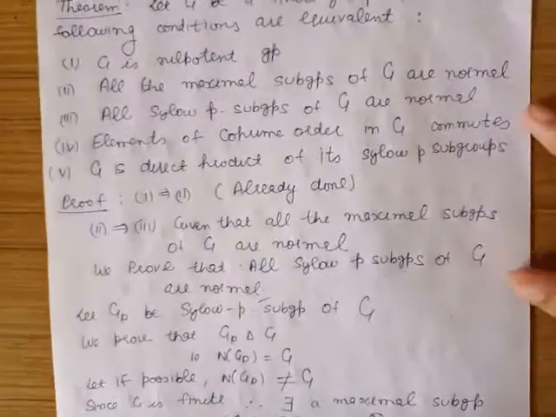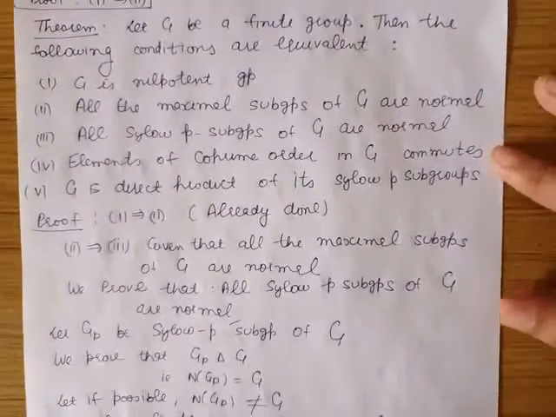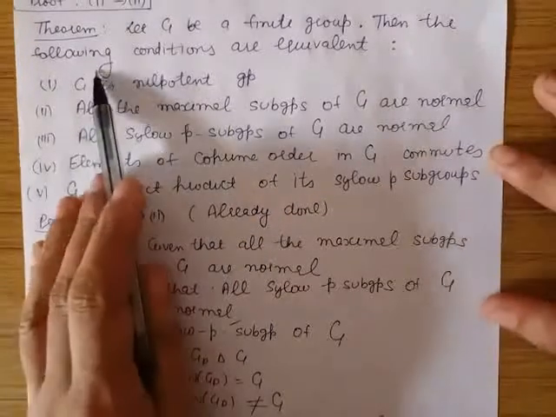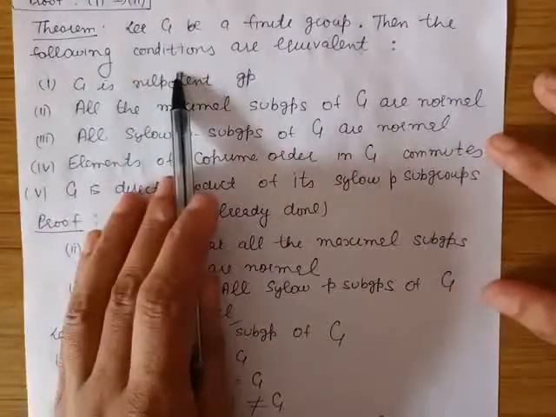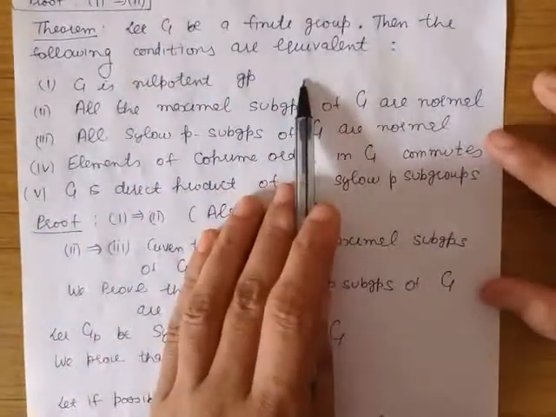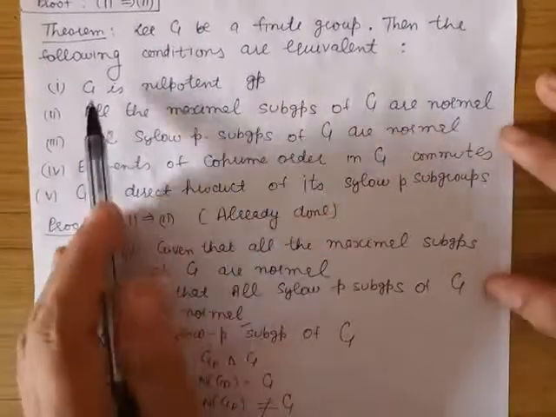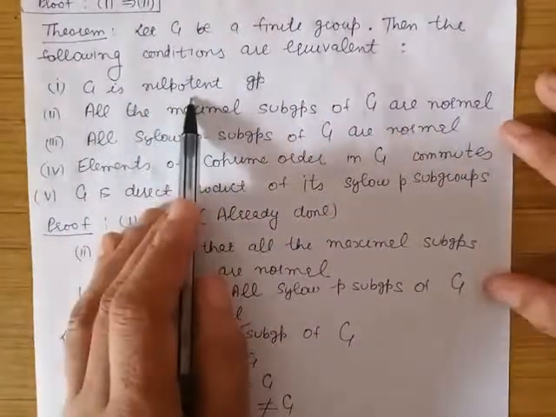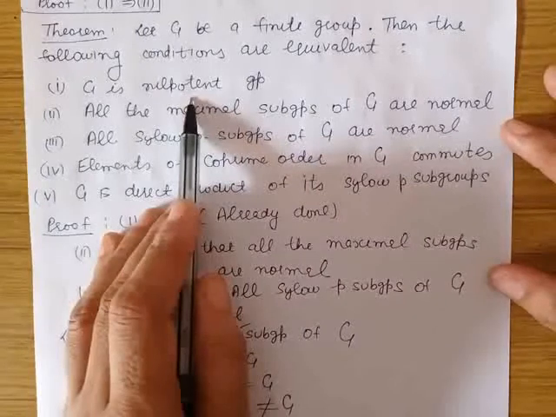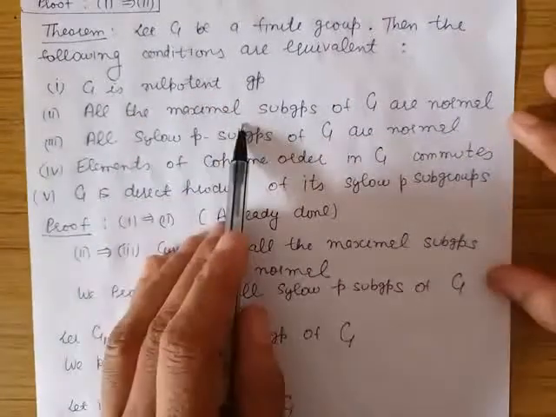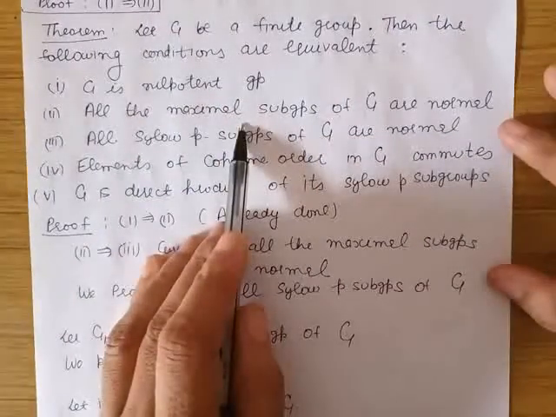Now, our next theorem is: G is a finite group. Then we have to prove that the following conditions are equivalent. The first condition is G is a nilpotent group. Second condition is all the maximal subgroups of G are normal.